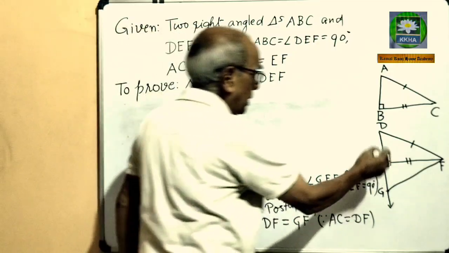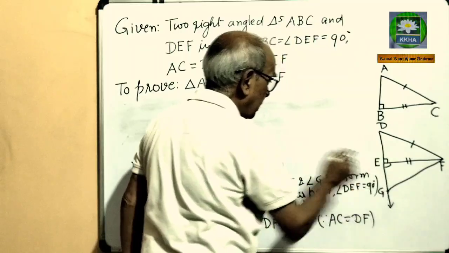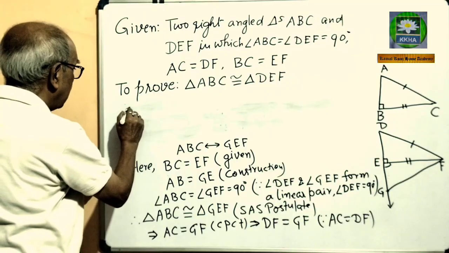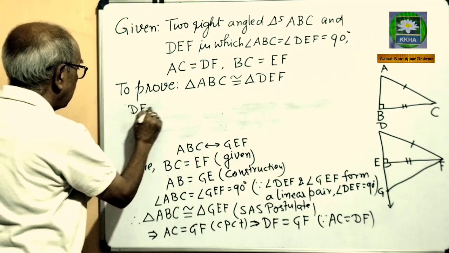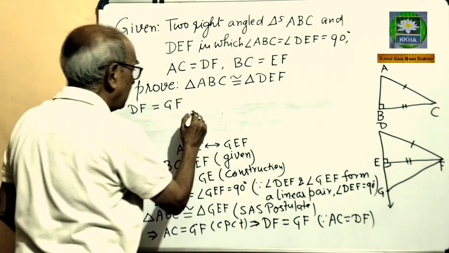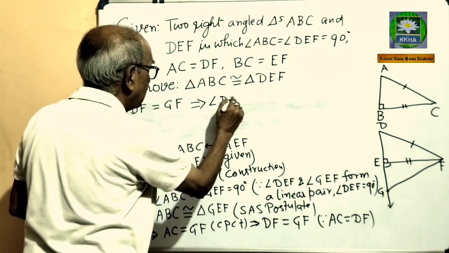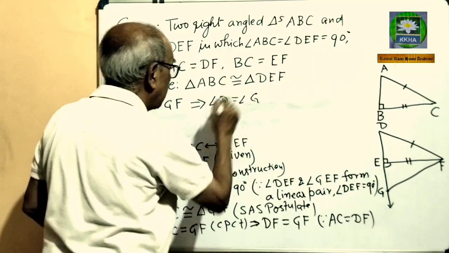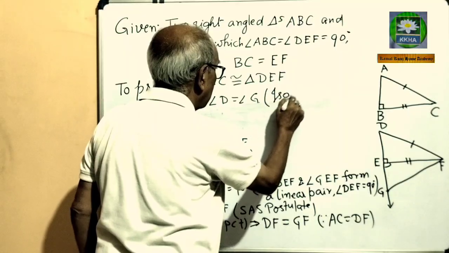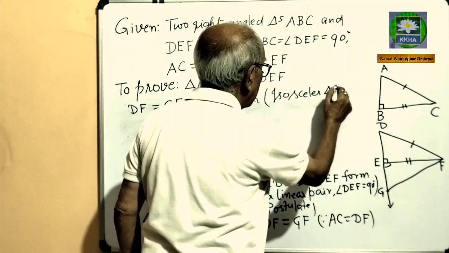Now, since DF is equal to GF, it means angle D will be equal to angle G by isosceles triangle theorem.